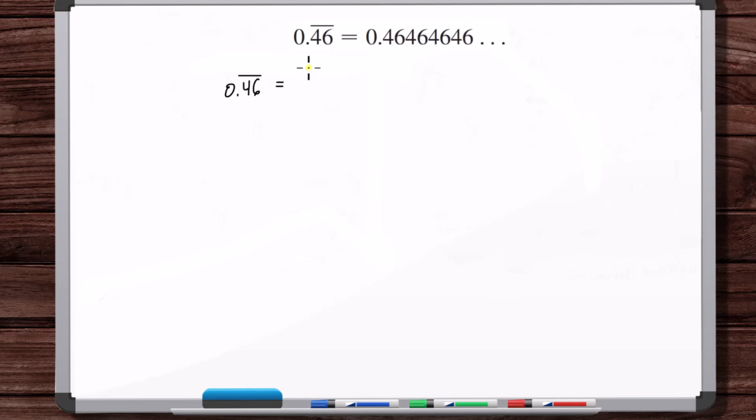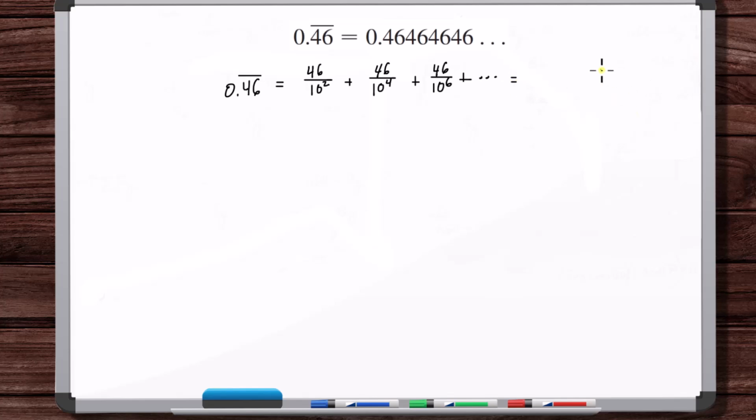This is equal to 46 over 10 squared, plus 46 over 10 to the fourth, plus 46 over 10 to the sixth, and that goes all the way to infinity.